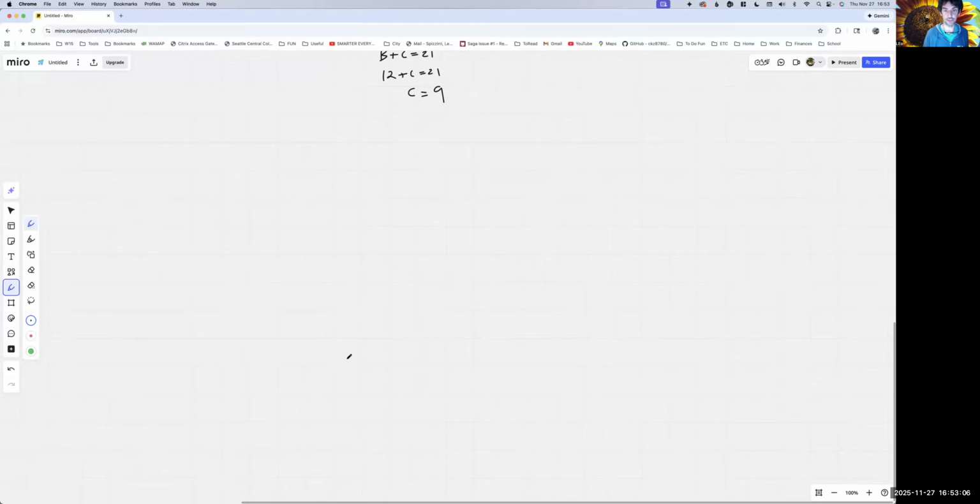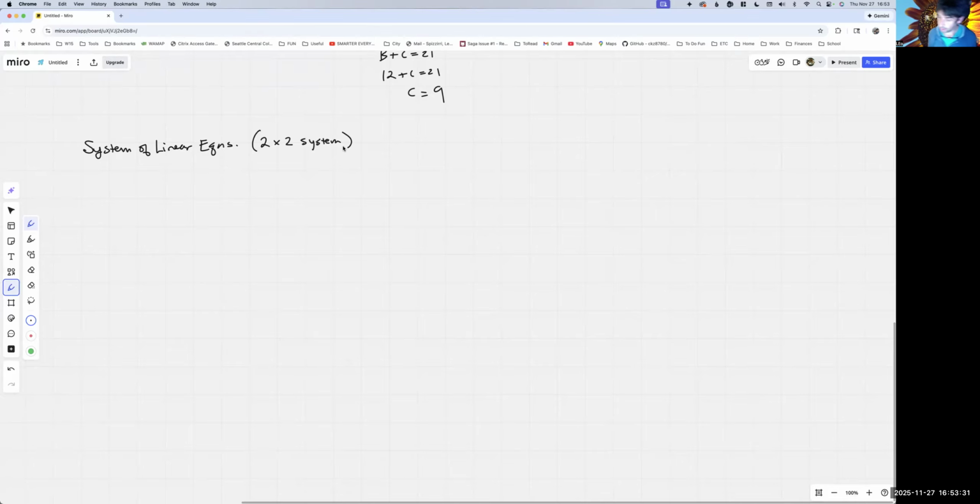Okay? So what we've just looked at, in both situations, the way we solved these problems was by using a system of linear equations. In particular, this was a 2x2 system, meaning it had two variables and two equations.